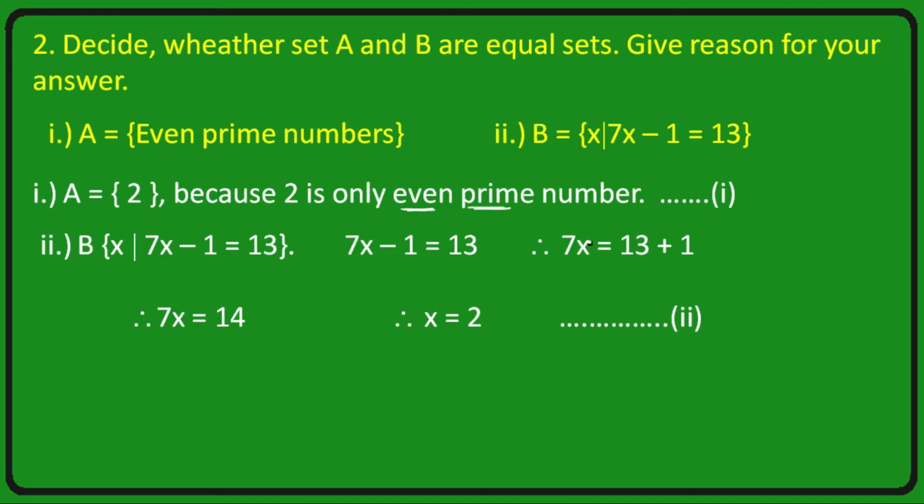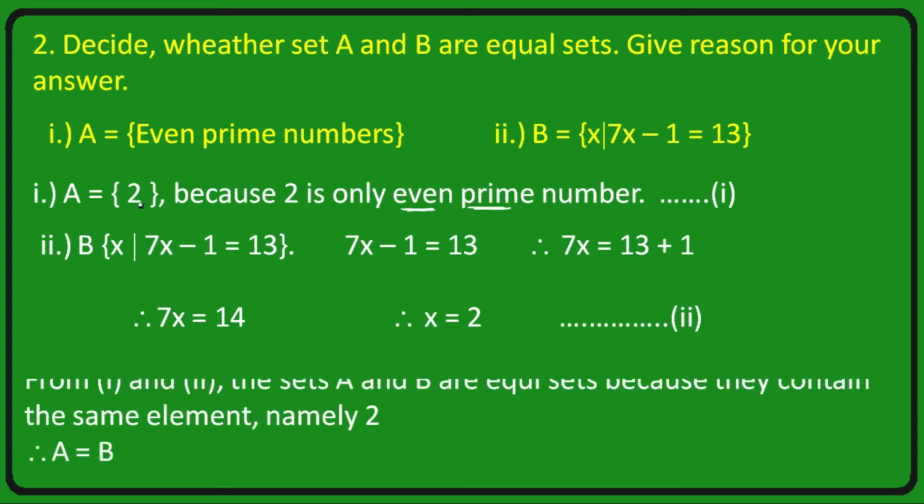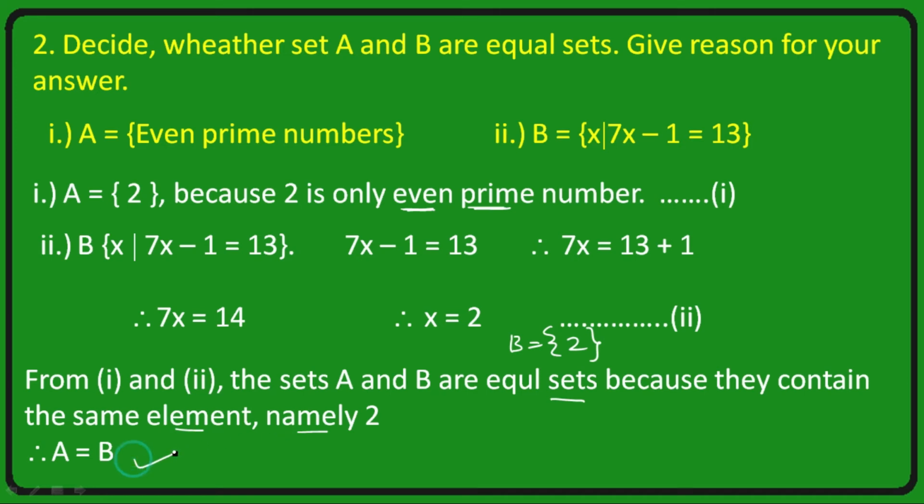Now observe, the set A contained 2, and the set B also contains the element 2, isn't it? So we can say that sets A and B are equal sets because they contain the same element, and the element is only 2. Hence set A is equal to B. This is our answer.